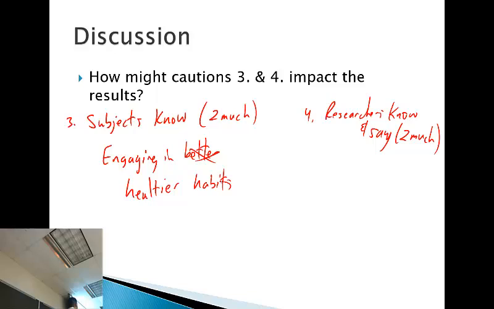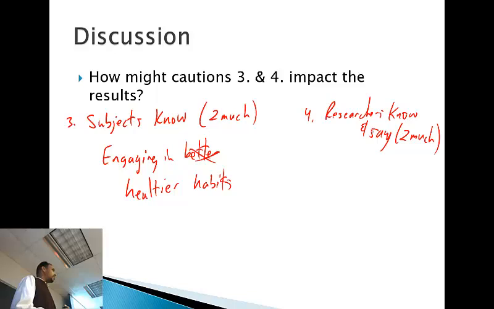What if the researcher knows who gets which drug and says too much to that patient? The researcher could say, "You're feeling a lot better today, aren't you?" And you're like, "Yes, I do feel better." Kind of like a Jedi mind trick. And then if you were a patient not receiving the treatment, the researcher says, "Oh, you don't look so good today, do you?"